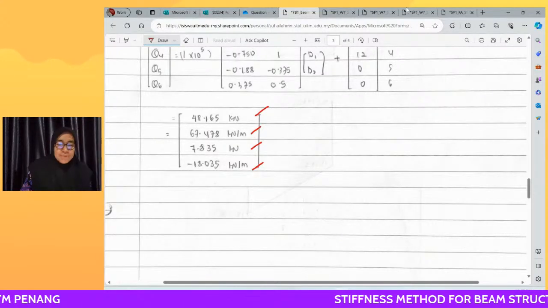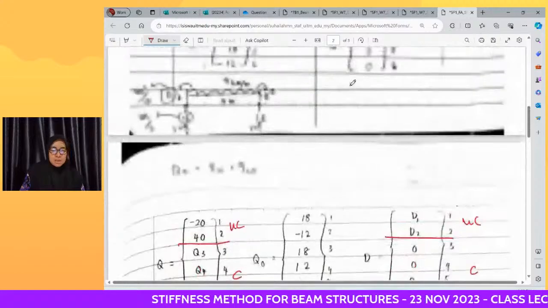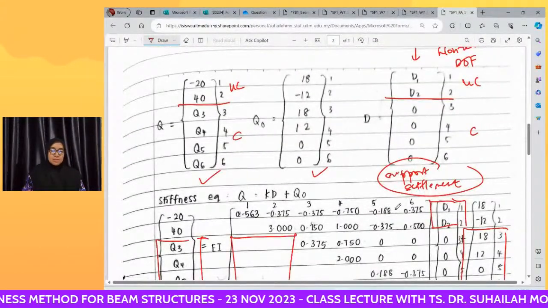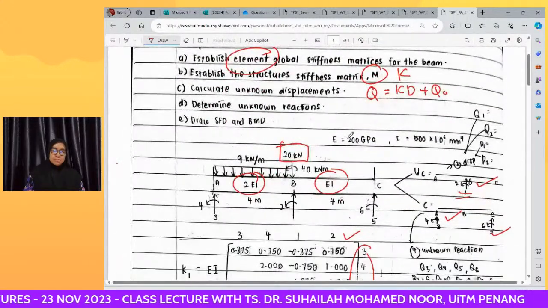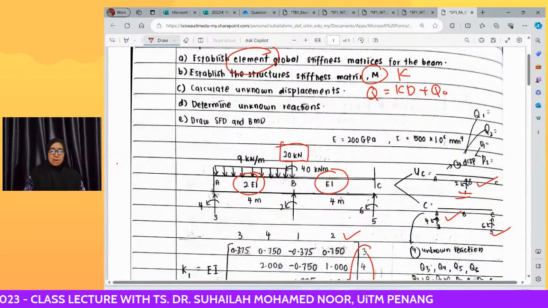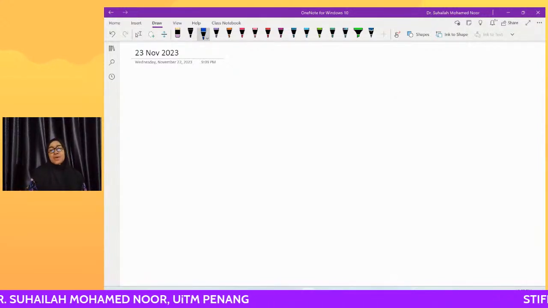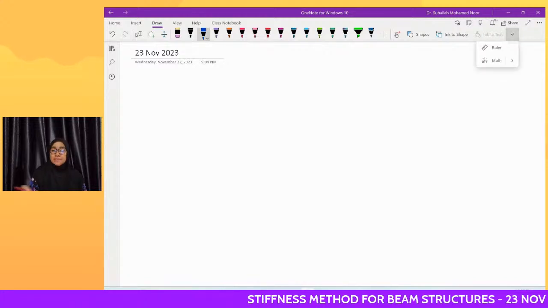So from this, the answer. This is the question. So now we are going to draw the shear force diagram and bending moment diagram together.